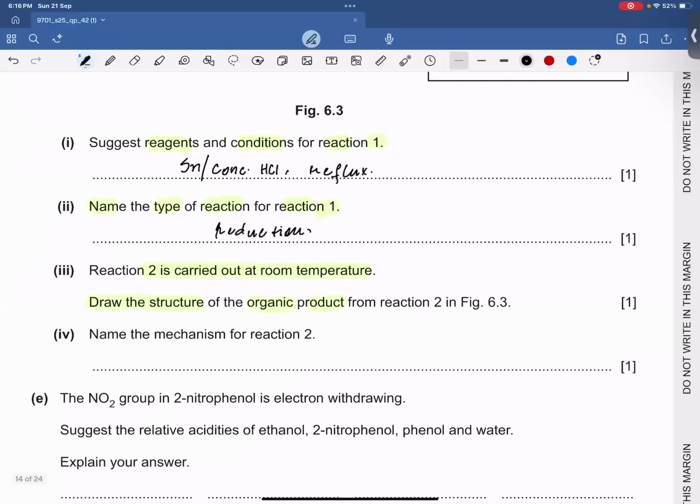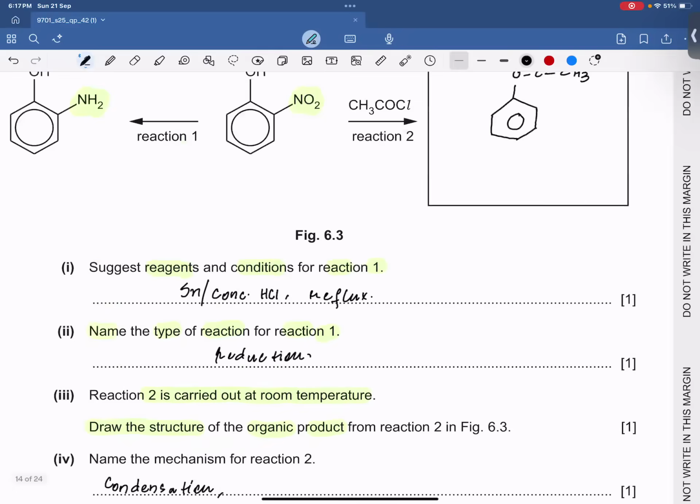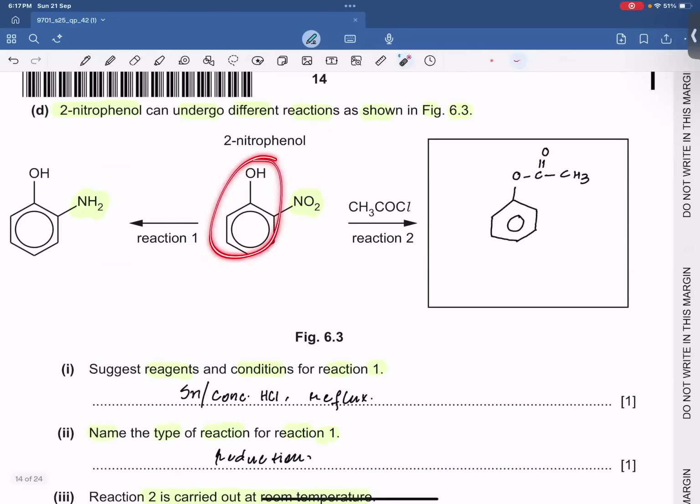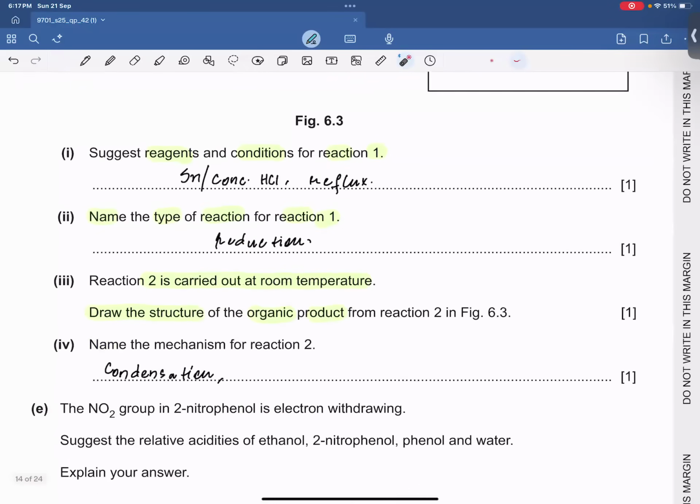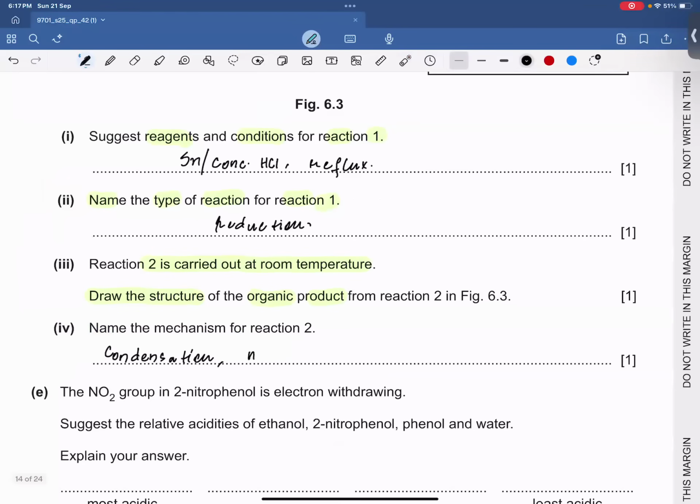That's an ester actually. Name the mechanism for this reaction. Obviously, it has a lot of names, because removal of HCl is condensation, right? So I'm removing HCl. That means I can write condensation because loss of mass takes place in terms of HCl. This phenol is acting as a nucleophile also because oxygen has a lone pair, which means I can say it's nucleophilic addition reaction.